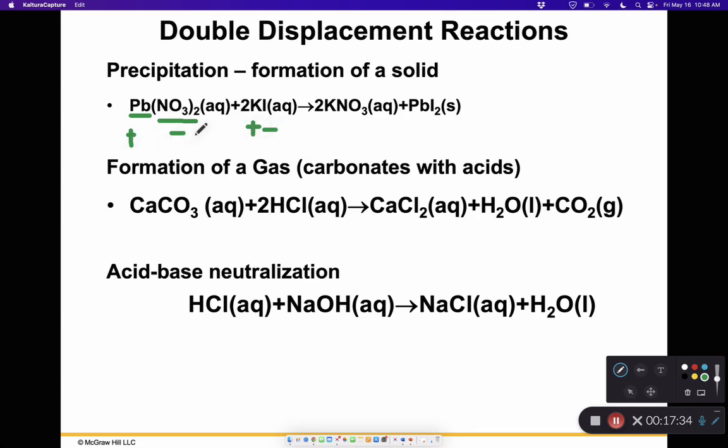Now they are all in the aqueous form. Whenever we write aqueous, it means they are dissolved in water. So when the compound lead nitrate is in the water, it will break down into cations and anions. Similarly, potassium iodide will break down into potassium ion and iodide anion.